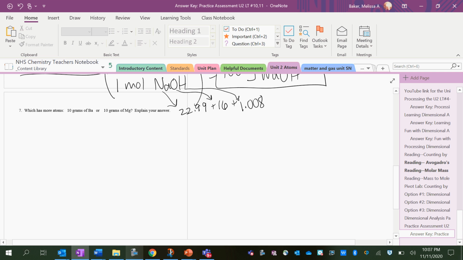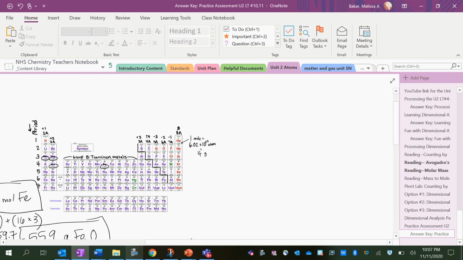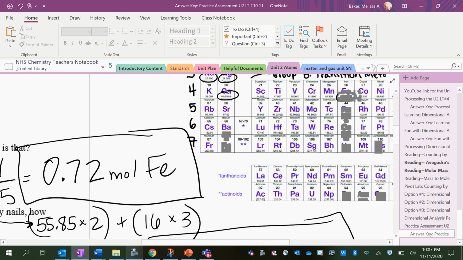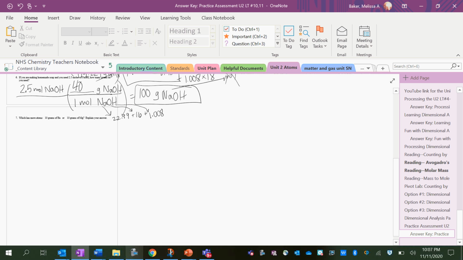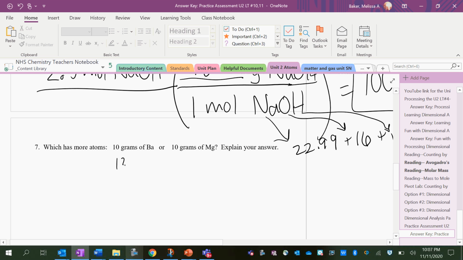Well, let's look at their molar masses. Barium has a large molar mass, 137.33. And magnesium is 24.305. So magnesium atoms are smaller. So let me ask you this.